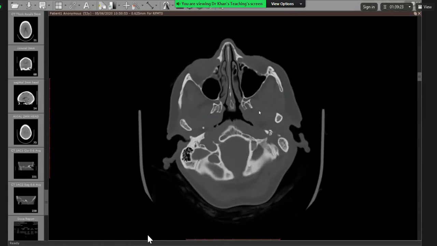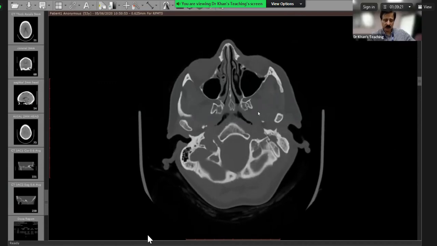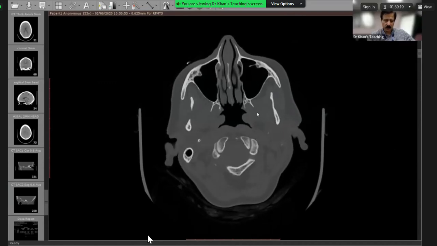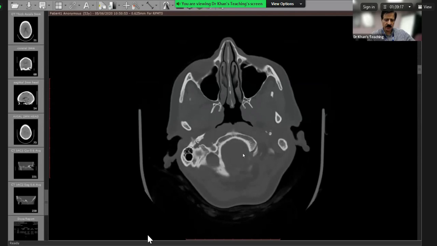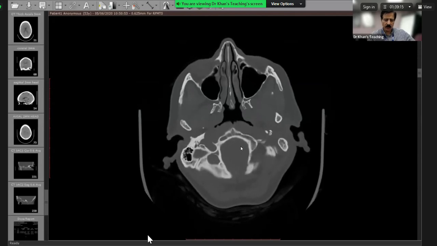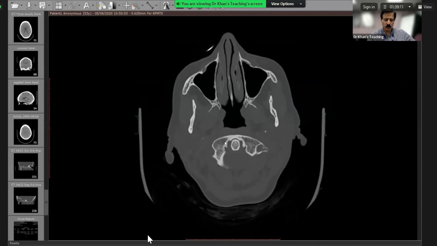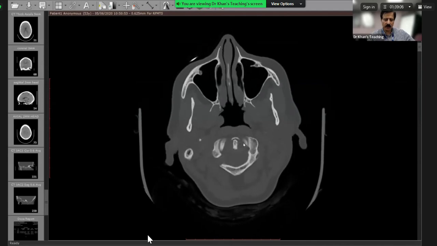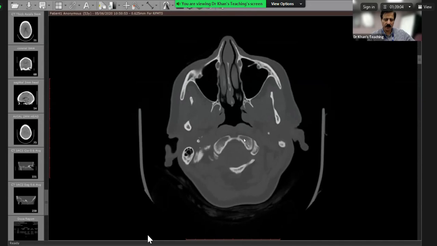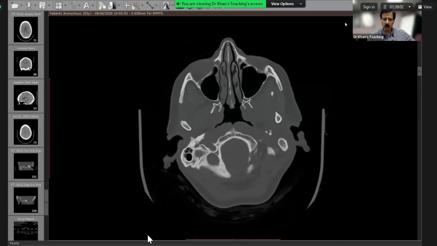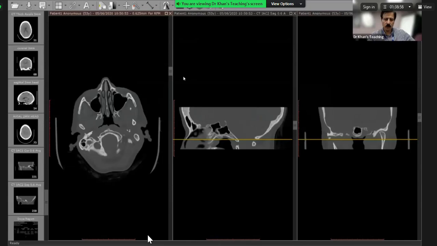Okay, so this is going to be a repetition, but this is the DICOM of the skull base. Now we are here in the cervical spine. This is the dens and this is the C1. We are going into the foramen magnum, and superior to that, let me show you.